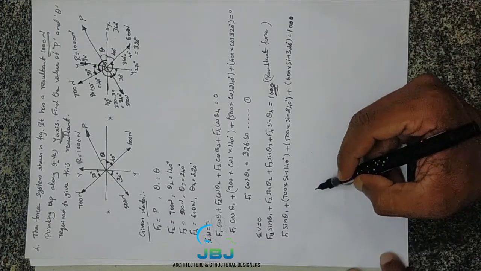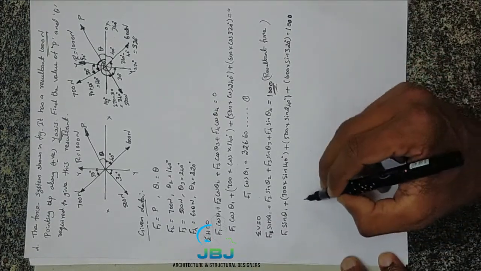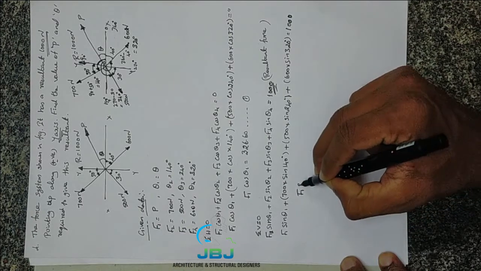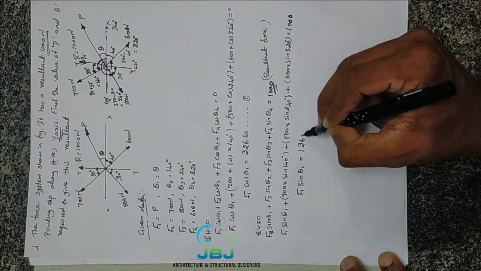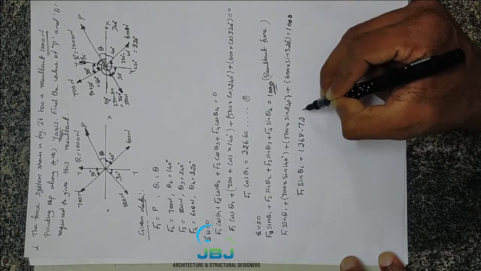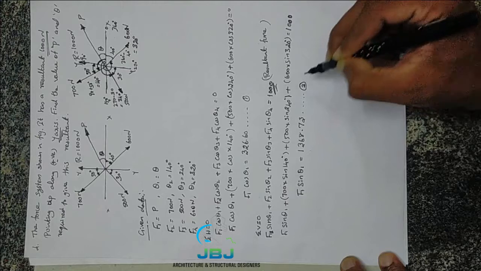When you solve this equation, you will get the result F1 sin theta 1 equal to 1368.73. This is equation number 2.